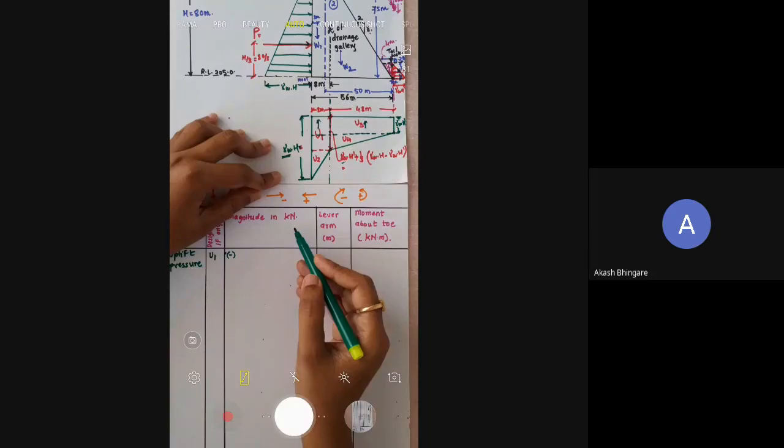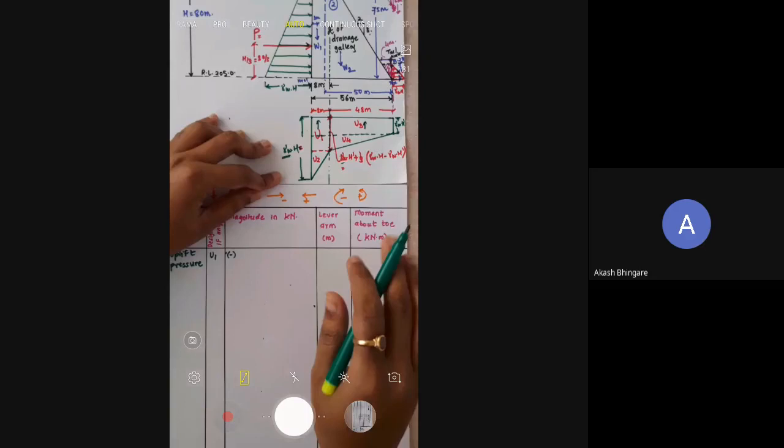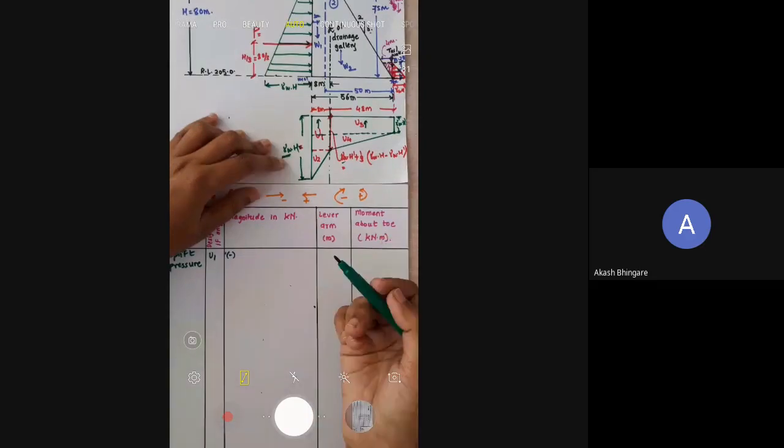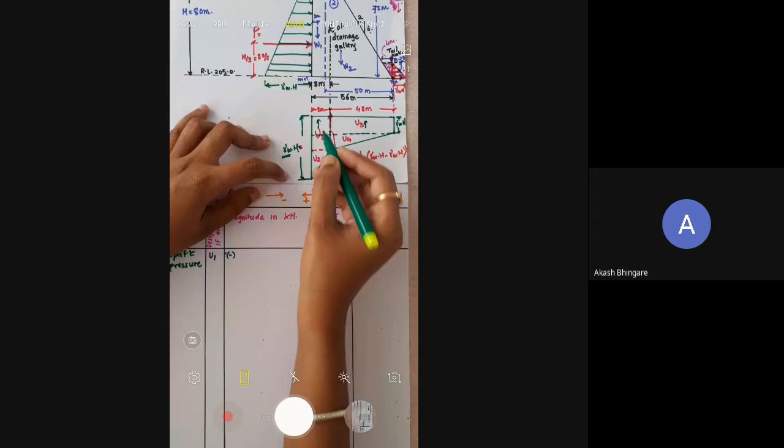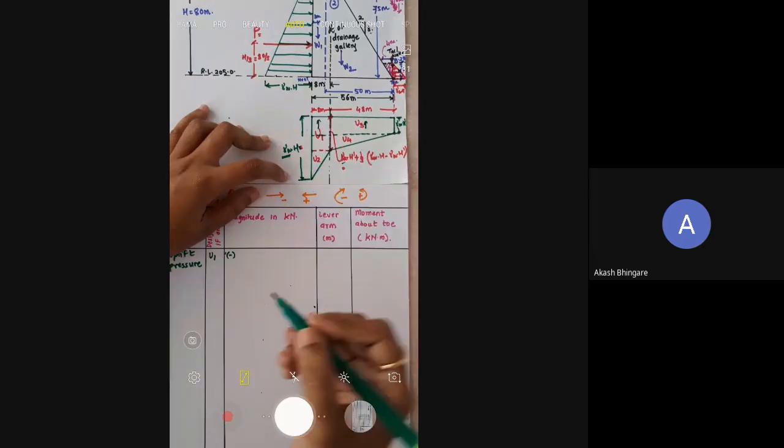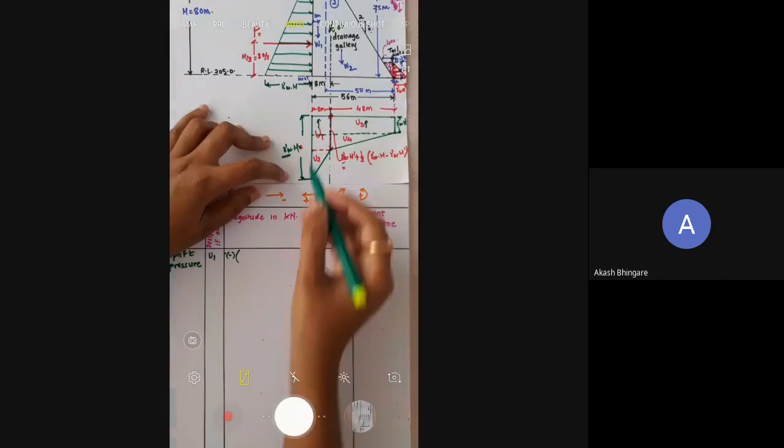No need to multiply it again by gamma W, because in the calculation of pressure intensity itself we have taken gamma W. So U1 is a vertically upward force, therefore minus sign. U1 is a rectangular portion having width 8 meter.